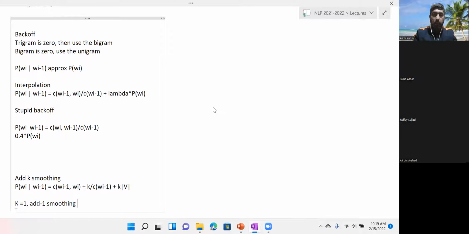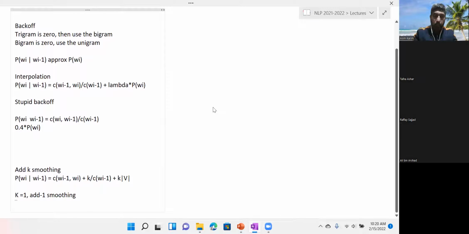We said that add 1 smoothing is a blunt instrument and not appropriate for NLP. So if I put k greater than 1, would that be helpful in NLP?